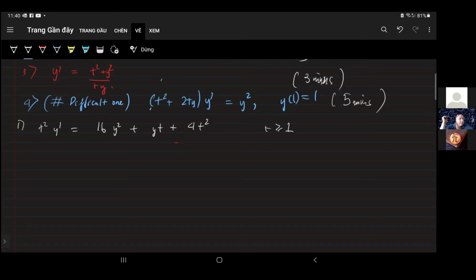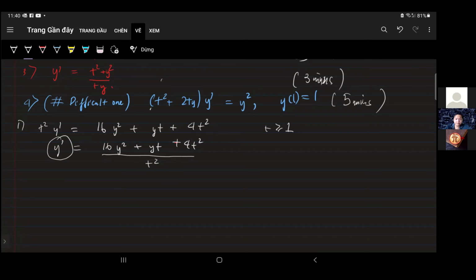We don't have to worry about t equal to 0, where it would be undefined. So you have y prime equal to 16y squared plus yt plus 4t squared, divided by t squared. You have to make sure that on the left hand side you just have y prime, nothing else.